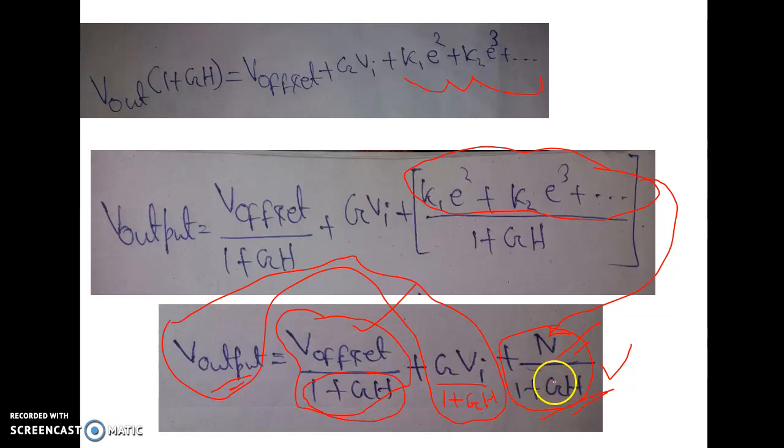That means due to negative feedback scheme, nonlinearity reduces by a factor 1 plus GH. This is a very important concept in application in mathematics, that numericals may come, that you remember this thing only, that due to application of negative feedback, the nonlinearity of an amplifier is reduced by 1 plus GH.